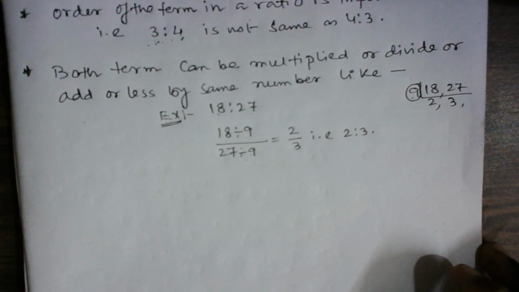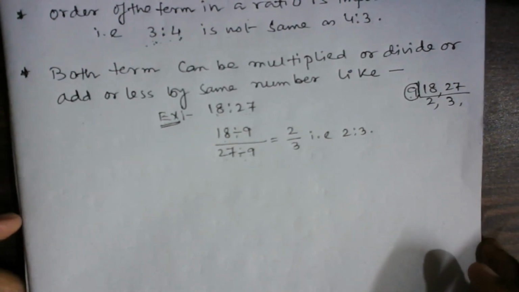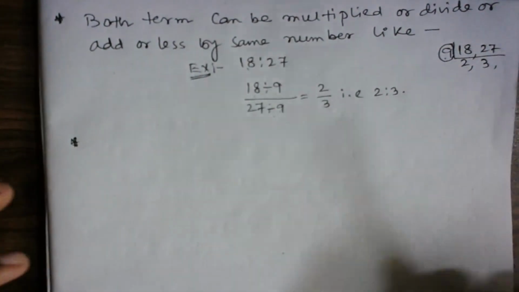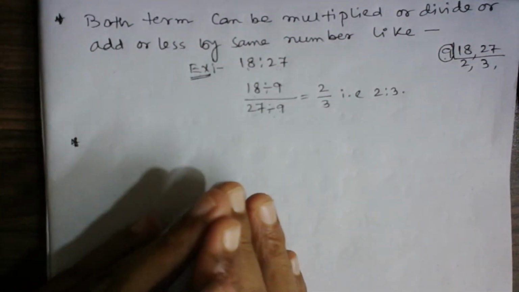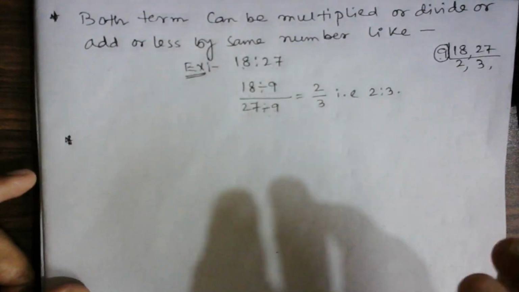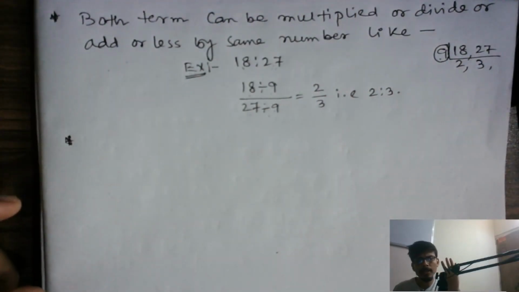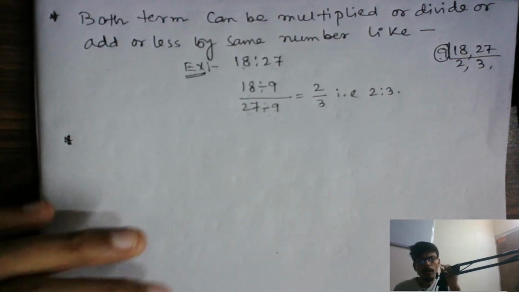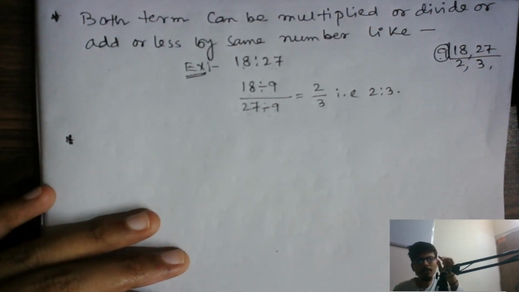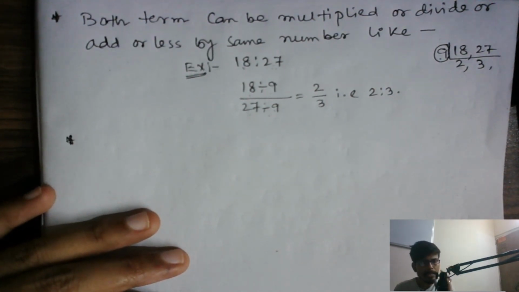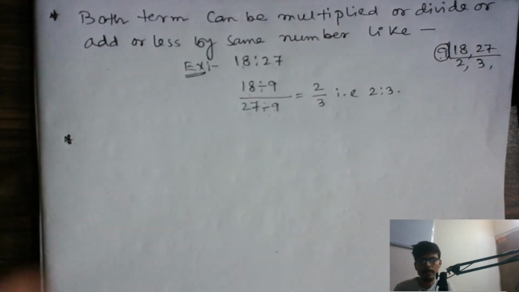Now I am going to come to the most important thing, that is called the terms. In a ratio we mainly use two values. One is the first, let's take x, and the other is y. In our example we have pen and pencil, correct?